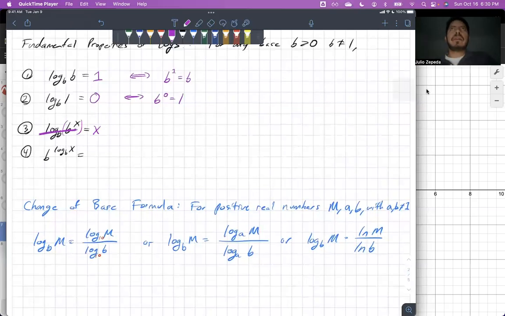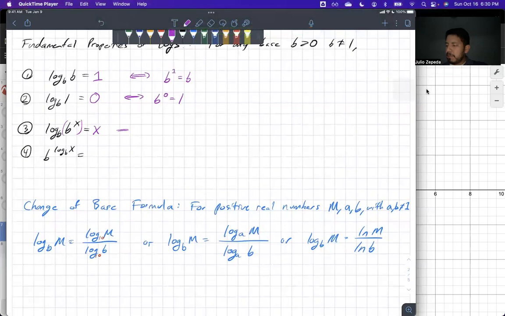So the log of an exponential expression, if that exponential expression has the same base as the base of the log, then they cancel each other out, and all we're left with is the exponent. Okay, that's one way to think of this rule here. And if we use the equivalence statement here, we would get b to the x equals b to the x. Okay, nice.